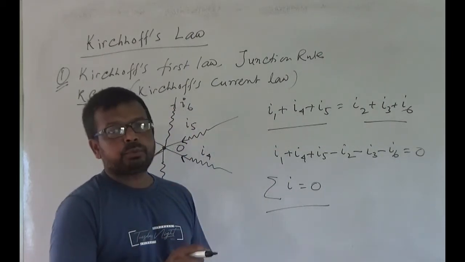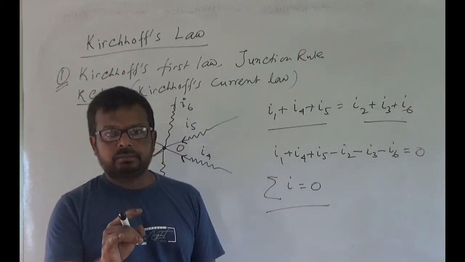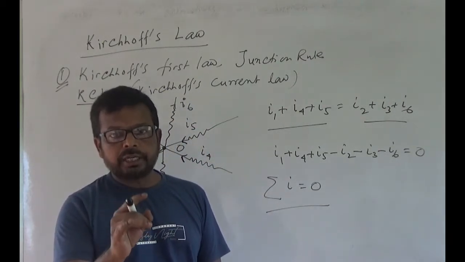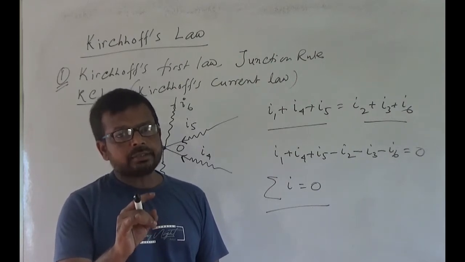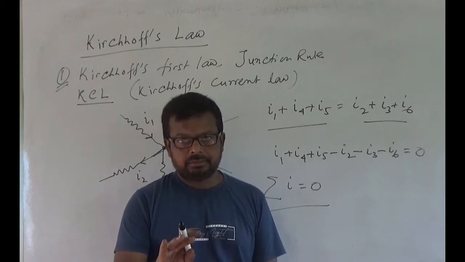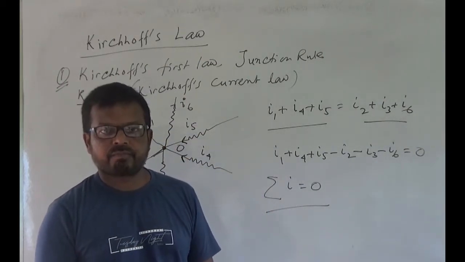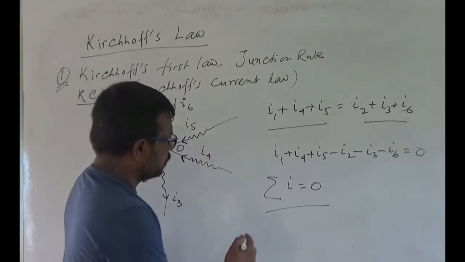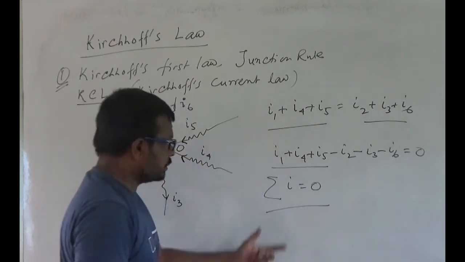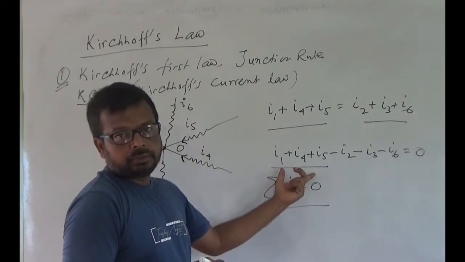Now, you have to take one sign for the currents which are entering the junction and the opposite sign for the currents which are leaving the junction. Here we have taken the currents entering the junction as positive.